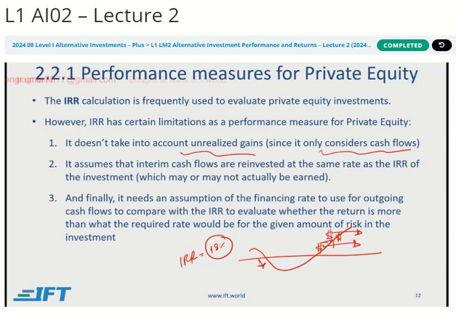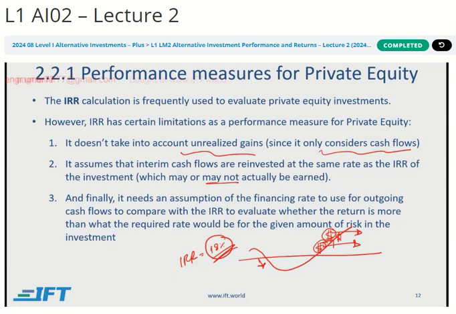And this problem is a general problem with IRR, which is not only for alternative investments, it's for using IRR in any other investment evaluation, that it assumes that the interim cash flows are reinvested at the same rate, which may or may not actually be earned. Well, most likely may not be actually earned, because the investment itself would be giving a higher return and you won't be able to find short term opportunities giving that type of high return.